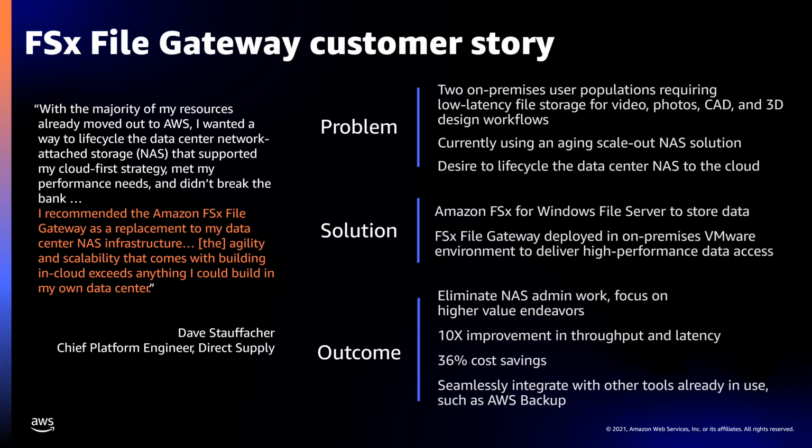And we're seeing customers that are taking their current physical infrastructure that they're using for Windows file shares and moving those to FSx File Gateway. So the File Gateway will cache the data locally, the most used data locally, and then do the automatic transfer into the AWS cloud. And so Direct Supply is a service provider in the healthcare space.